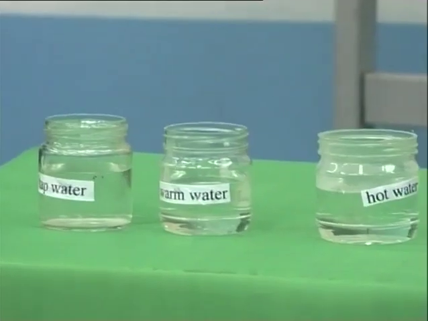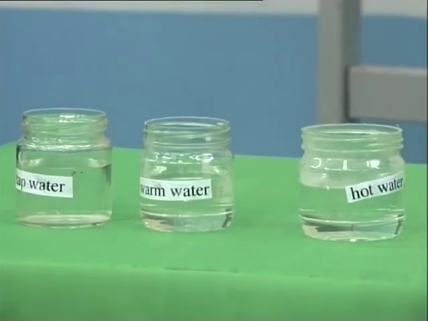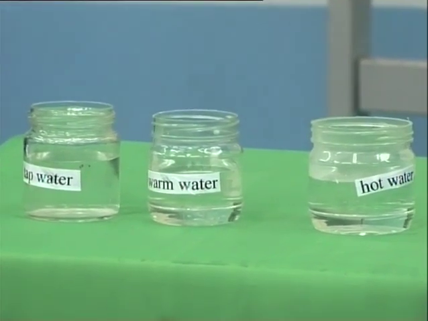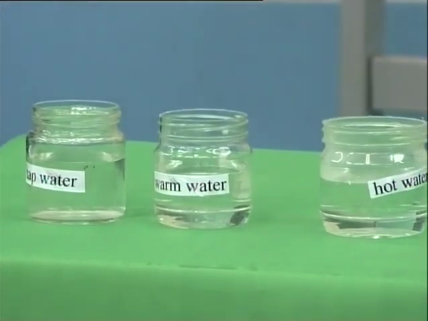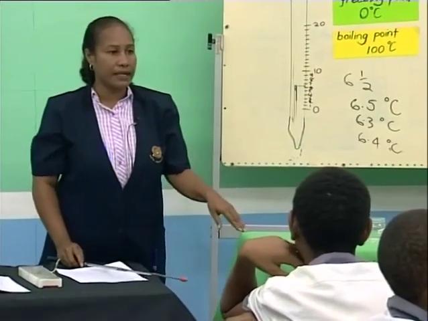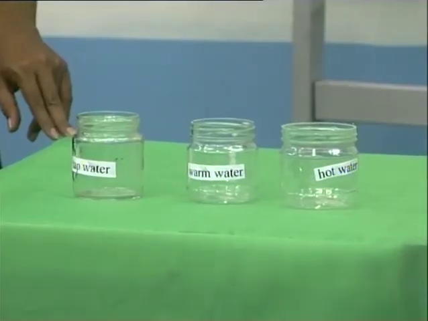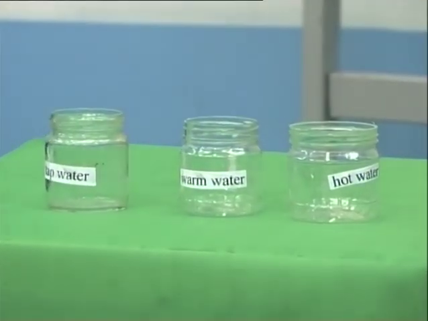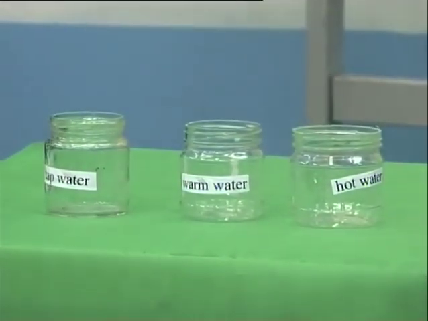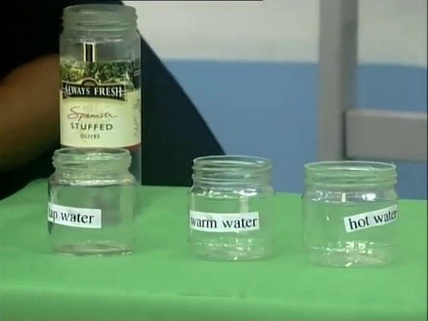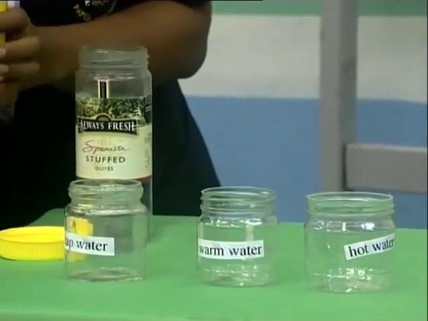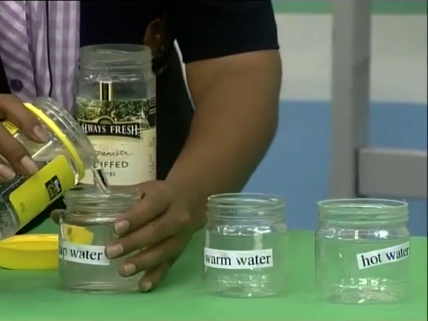Now, your activity for today, receiving students, your materials that you should bring. In front of me here, I have 3 jars. If you don't have 3 jars, you can use 1 jar. And in each of those jars, you will have 3 different liquids in them. Tap water, tank water, or well water. You can fill one. All right, so we have the first one is the tap water.